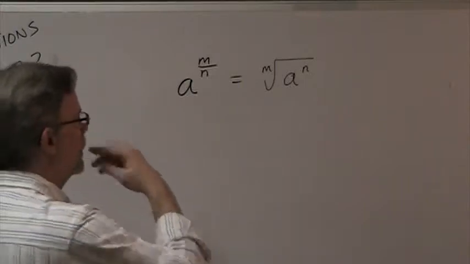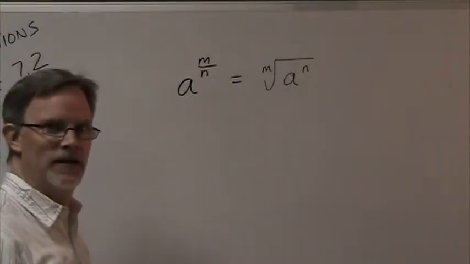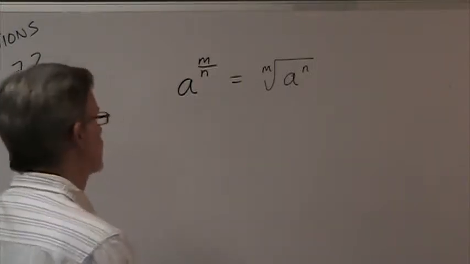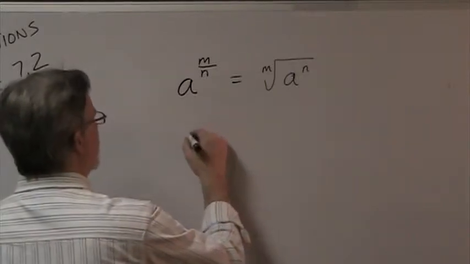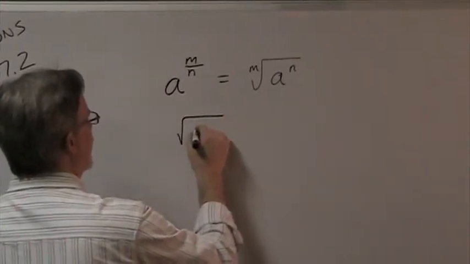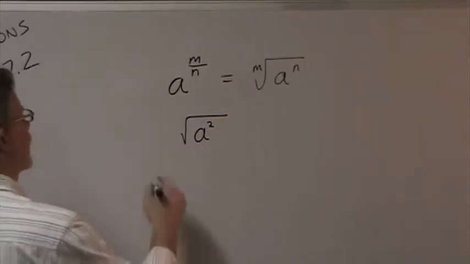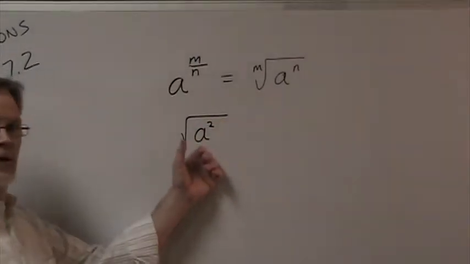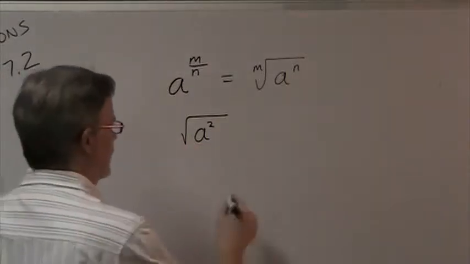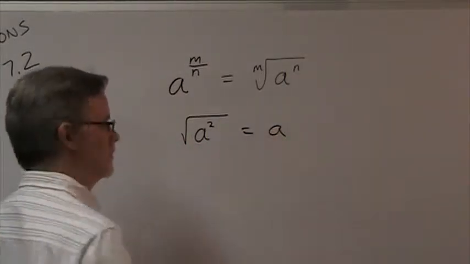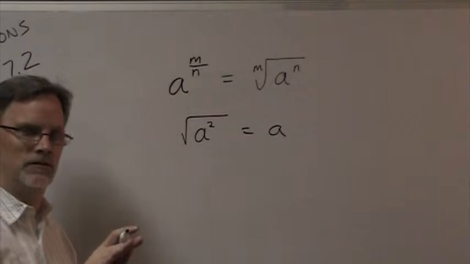And so, for instance, let's look at a squared. Okay? If we're going to look at the square root of a squared. Okay? Well, we should know that the square root of a squared is a anyway. But let's see how that works. Okay?